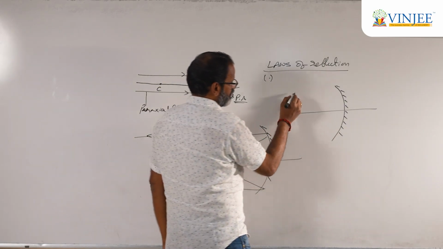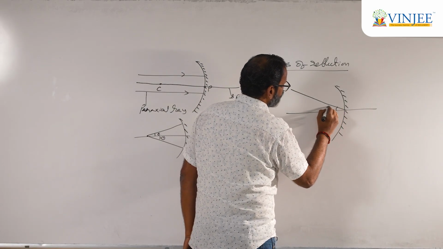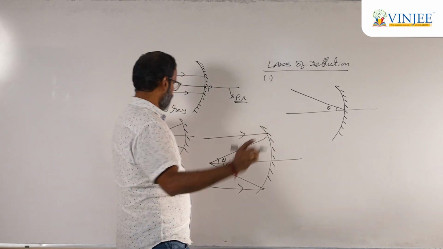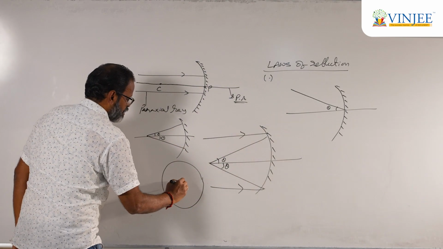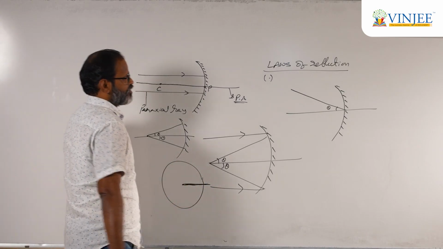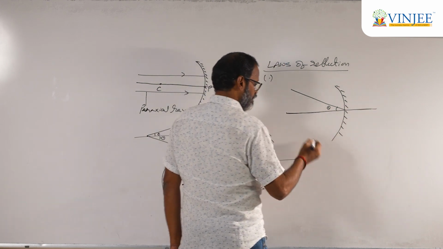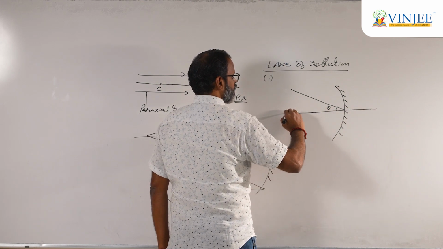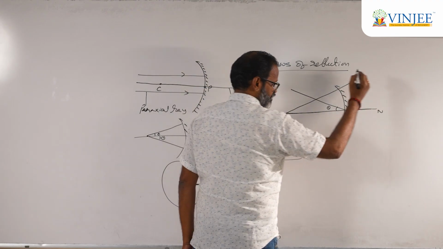In other words, if a light ray is incident on the surface making an angle theta with the normal. Remember, for example, this is a sphere. The radius vector is the normal to the surface. Therefore, the principal axis is taken as the normal, or any line passing through the center of curvature is the normal drawn to the surface.